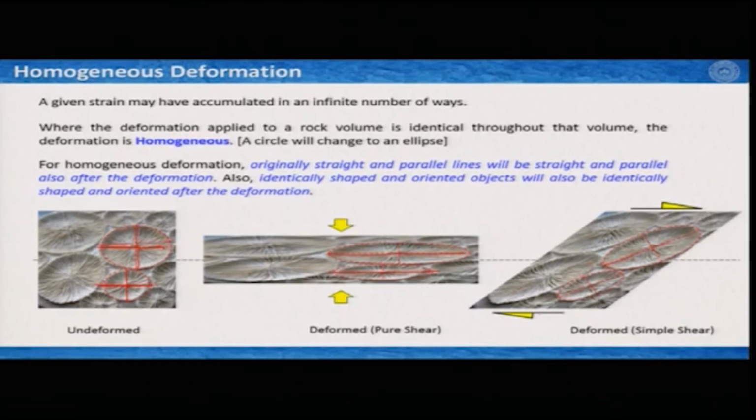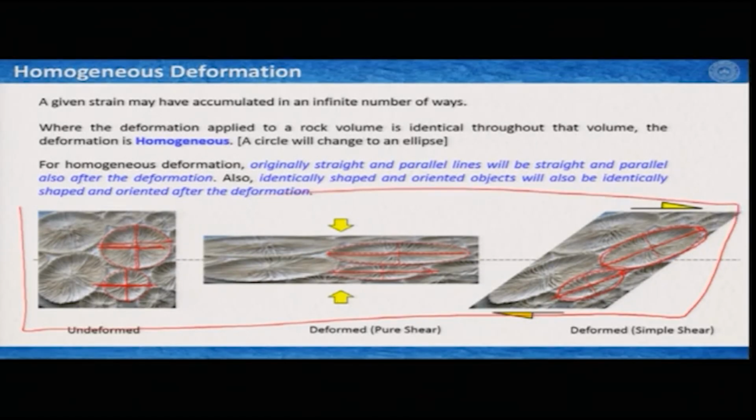In this case they rotated, but they still are parallel, and the shapes are also similar in these cases. So from the definition we can say that these two, the original and then deformed in two different ways, represent homogeneous deformation.